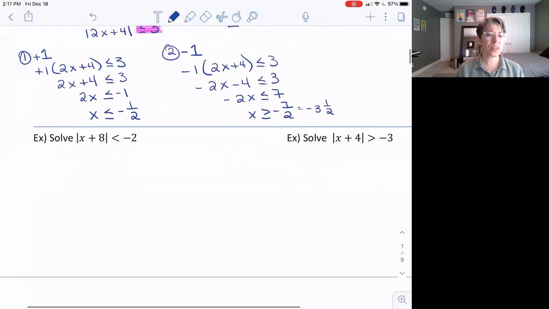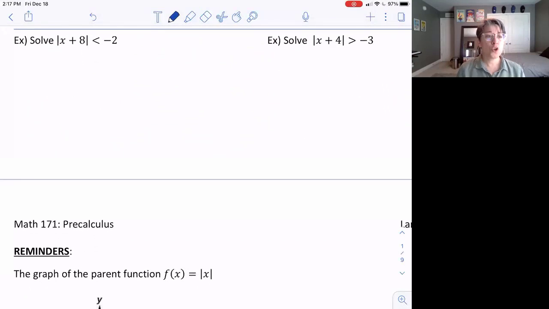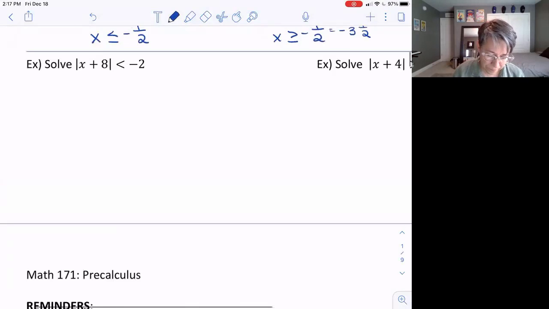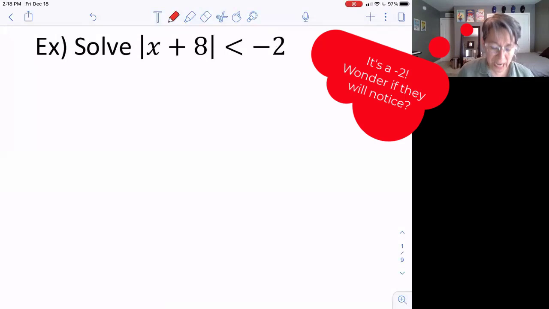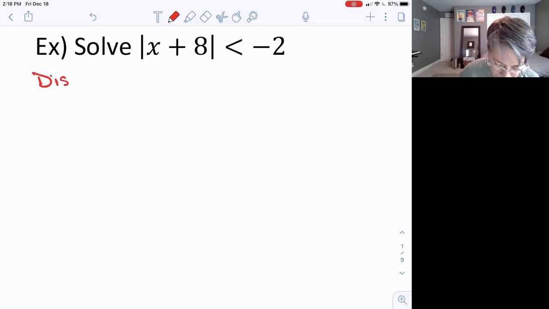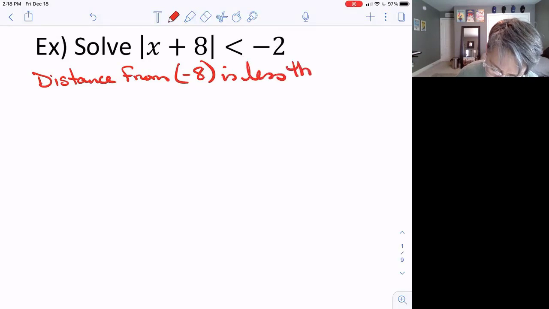All right, so the next couple of examples here are kind of unique. Notice the example here on the left. We want to solve an absolute value that is less than -2. What this is saying is the distance from -8, because we don't have the subtraction, is less than -2.